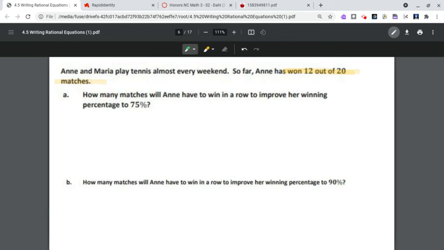So far, she's gotten 12 out of 20. We want to know how many matches in a row, so plus X, top and bottom, to improve to 75%, which is 75 hundredths, right? That's the same thing as 0.75 or 75 hundredths.